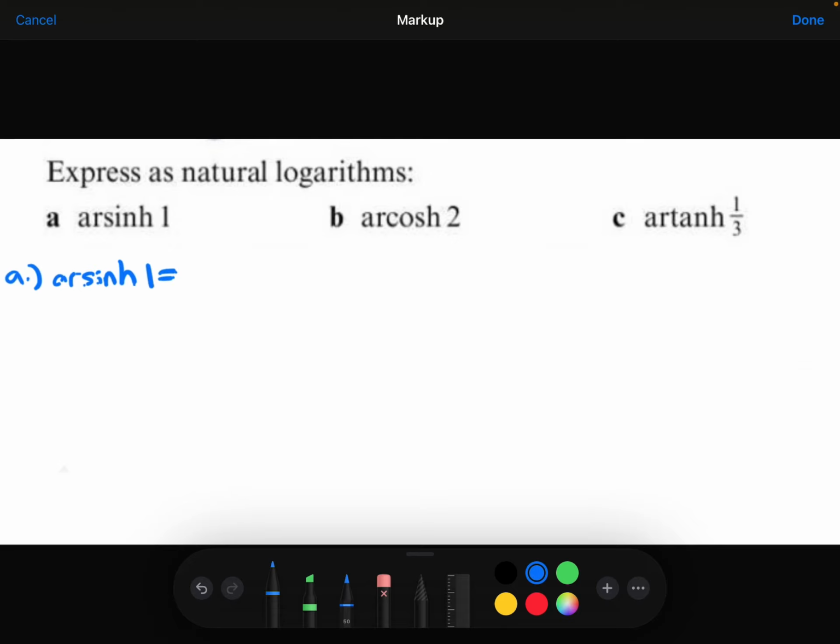So that's going to be equal to ln, remember it's ln x, so ln 1 plus the square root of 1 squared plus 1. So that's going to be ln of 1 plus the square root of 2. And that's it. That's r sinh of 1 expressed as a natural logarithm.